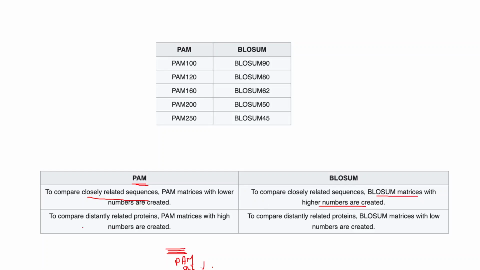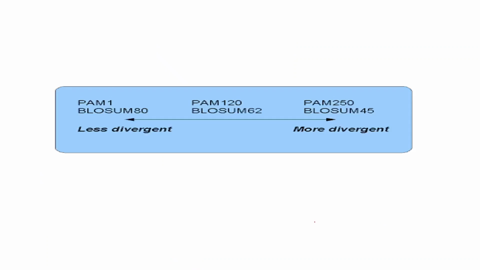When you want to compare distantly related proteins, that time you require higher PAM values and lower BLOSUM values. If you look at this graph, the common or medium PAM and BLOSUM values are PAM 120 and BLOSUM 62. BLOSUM 62 is the default substitution matrix for BLAST alignment. That you have to remember.